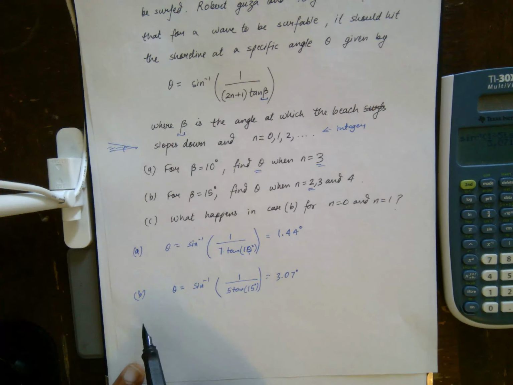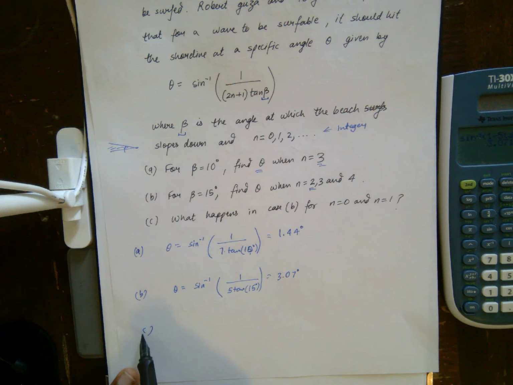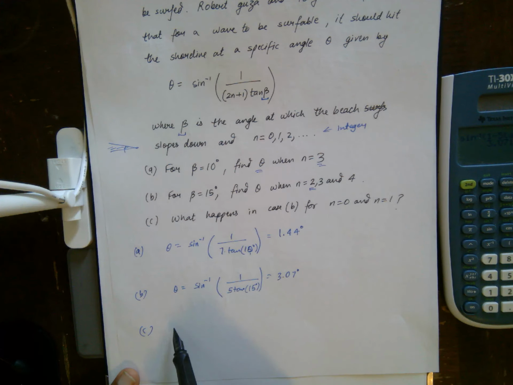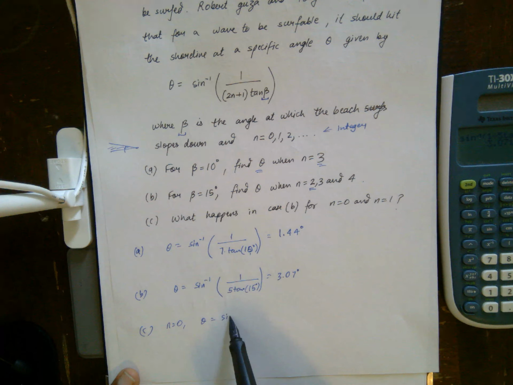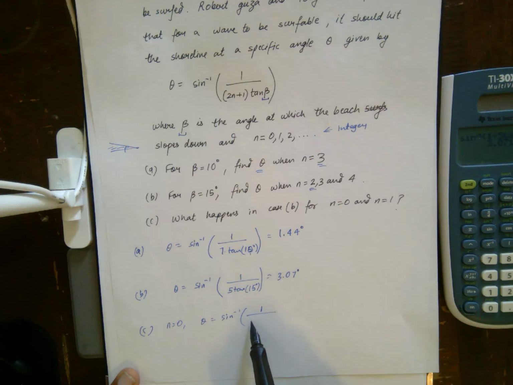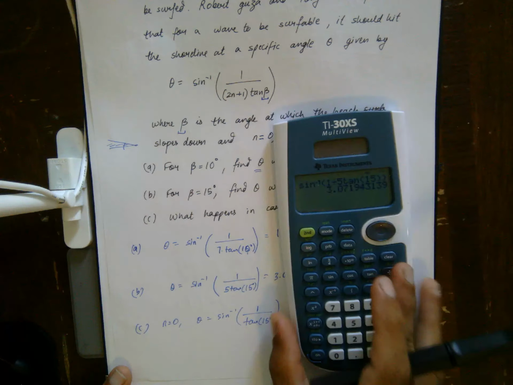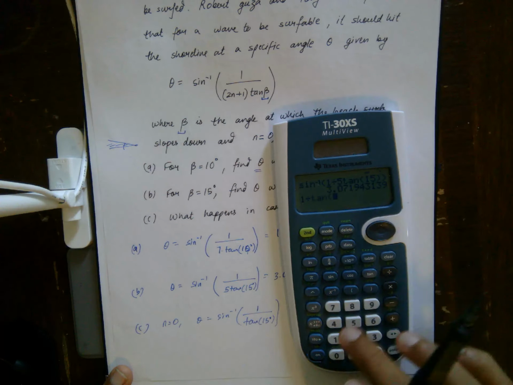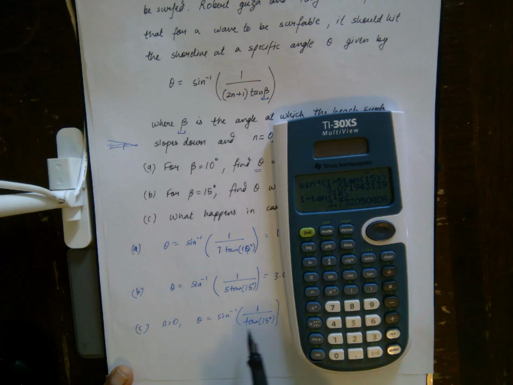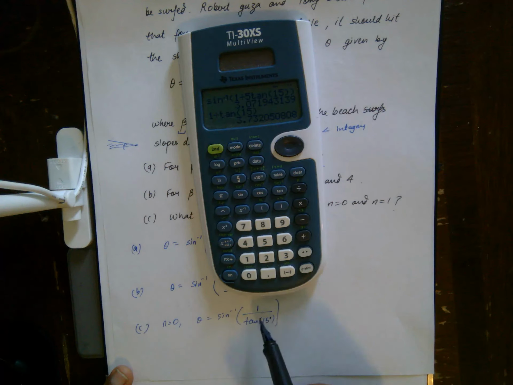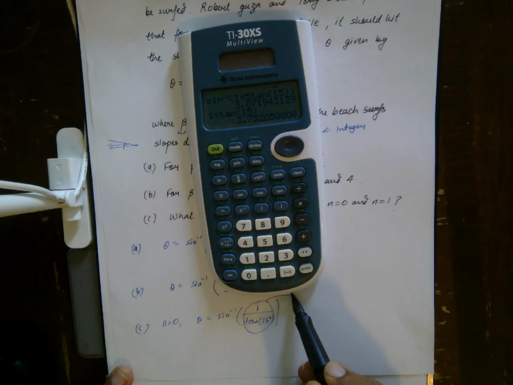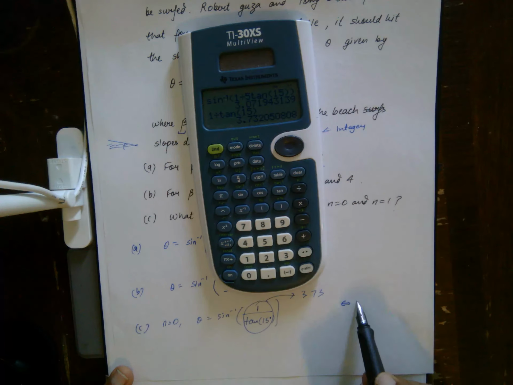Now, interesting question here, part C. What happens in case B when n is 0 and 1? Let me do n is 0. When n is 0, I get sine inverse of 1 over tan 15 degrees. Let's look at the value of 1 over tan 15 degrees. It is 3.73, which means there is no solution.